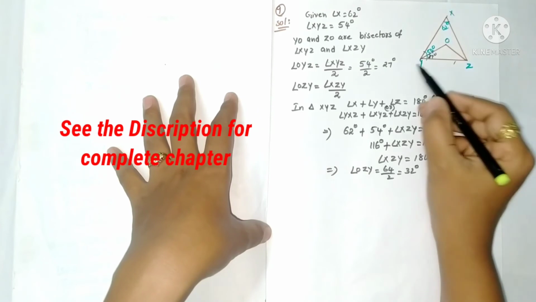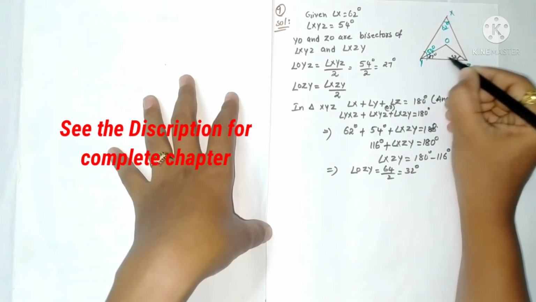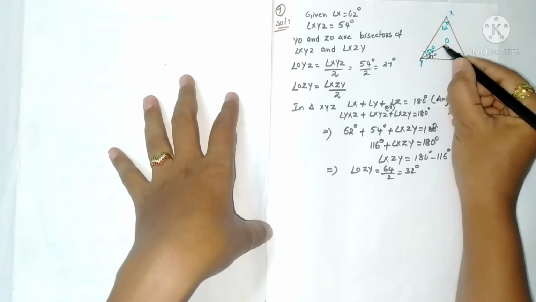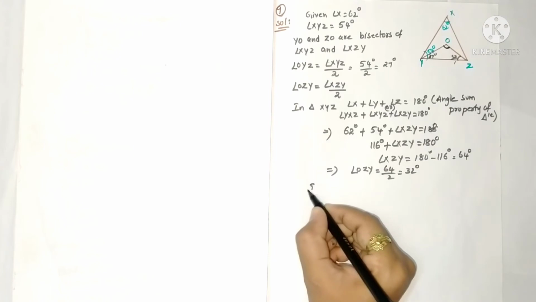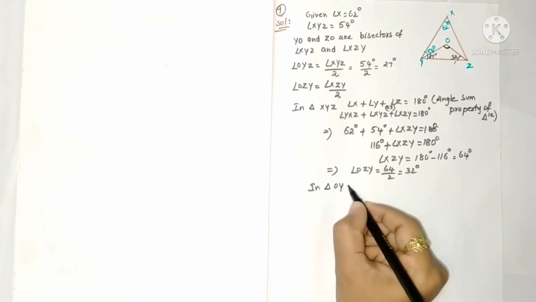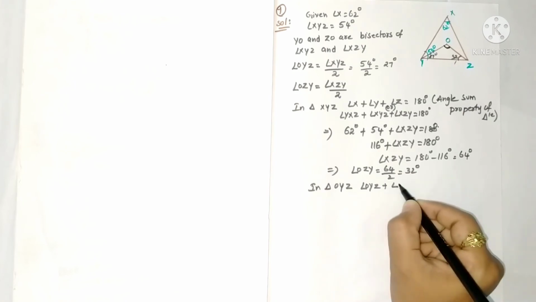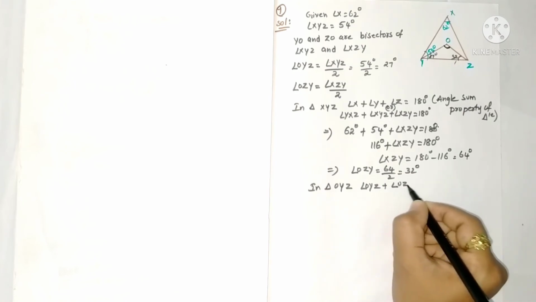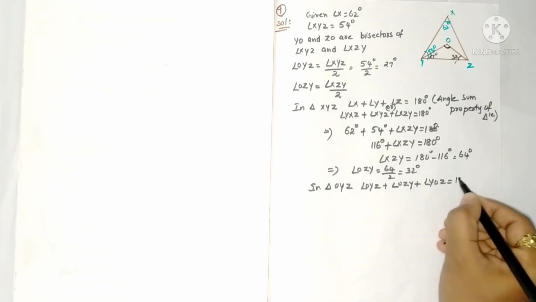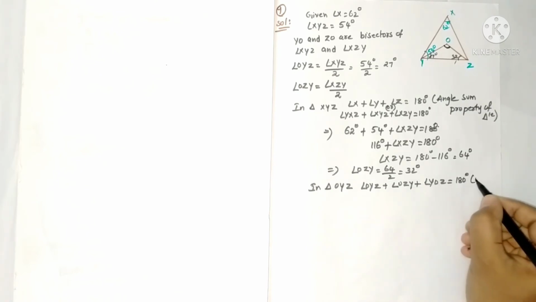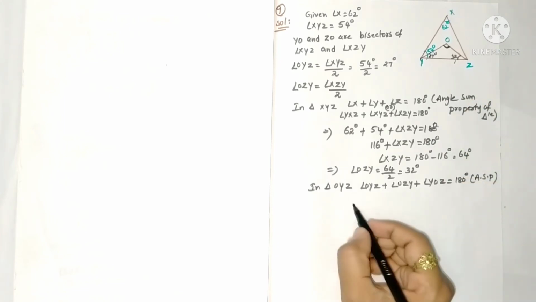So now in this triangle we know this angle as 32 and this as 27. We want to find out this angle. Okay. So in triangle OYZ, angle OYZ plus angle OZY plus angle YOZ equals 180 degrees. Angle sum property of triangle. Okay.